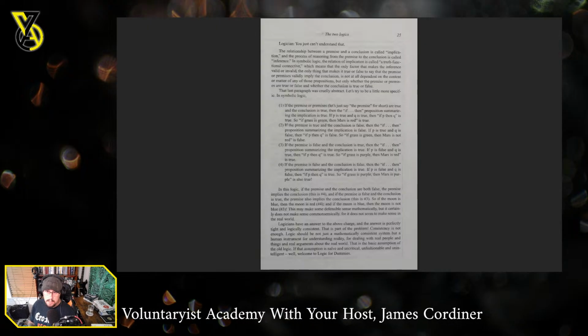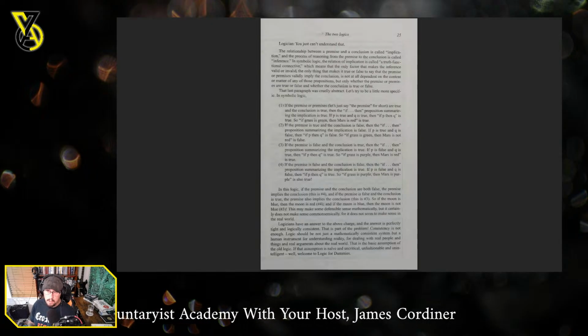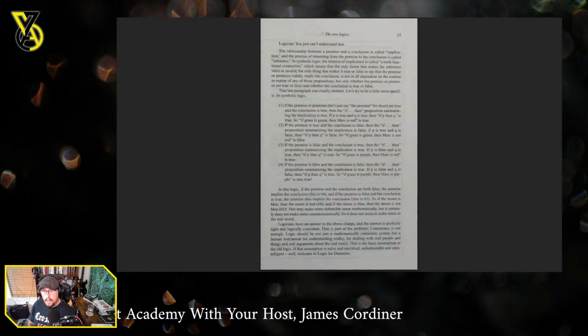See, the relationship between a premise and a conclusion is called an implication. And the process of reasoning from the premise to the conclusion is called inference.